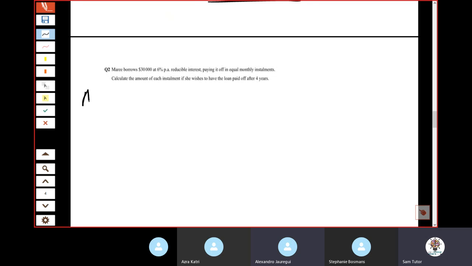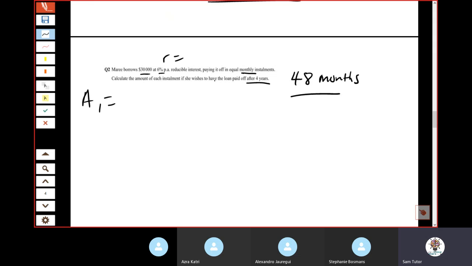A1 would be: Murray borrows $30,000 at 6% per annum, reducible interest, which always is, paying it off in equal monthly installments. Calculate the amount of installments she wishes to have the loan paid off after 4 years. So 4 years would be 4 times 12, 48 months.